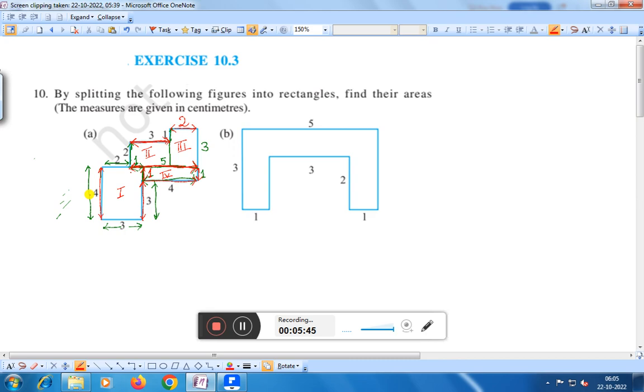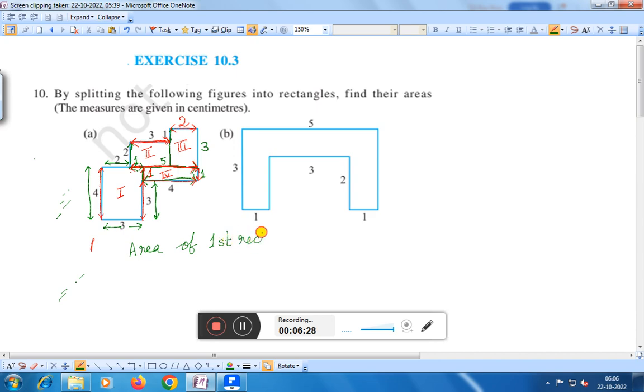Now we'll add all the areas of the figure. Area of first rectangle.